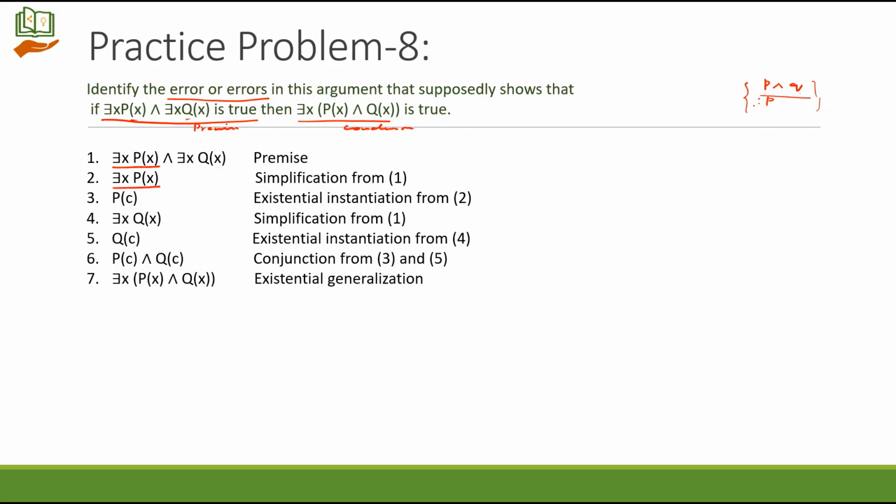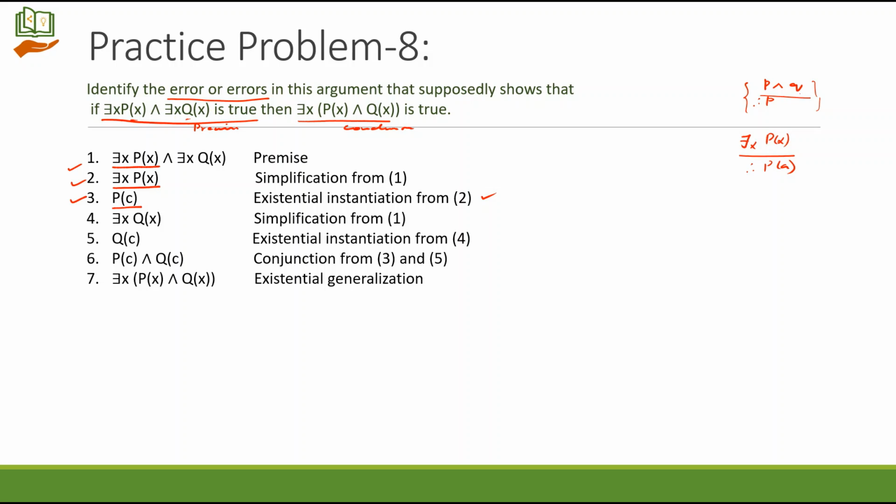So this step is fine. There exists x P of x is given and the conclusion will be P of C. This is existential instantiation. So through existential instantiation from the second step we are getting P of C. This is also fine.